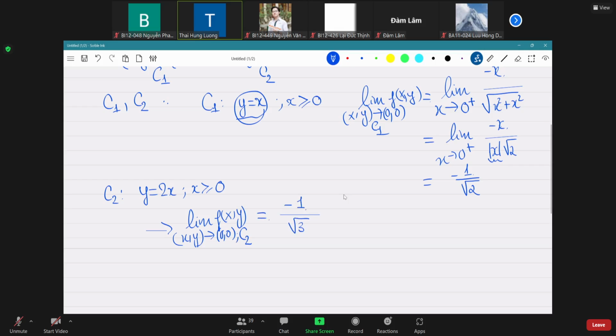It is not difficult to find this limit. And you can compare the two values and they are different, right? So using the previous statement, you can conclude about the non-existence of the limit. Okay, it is clear.